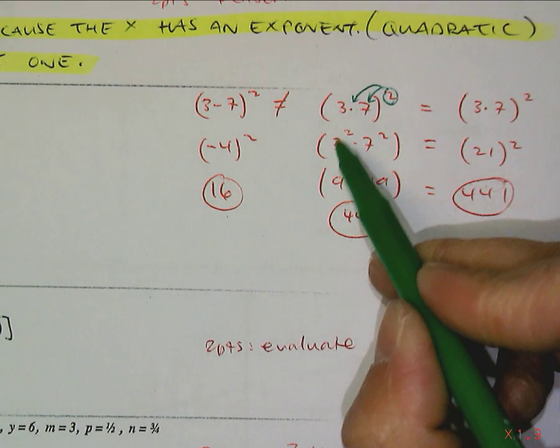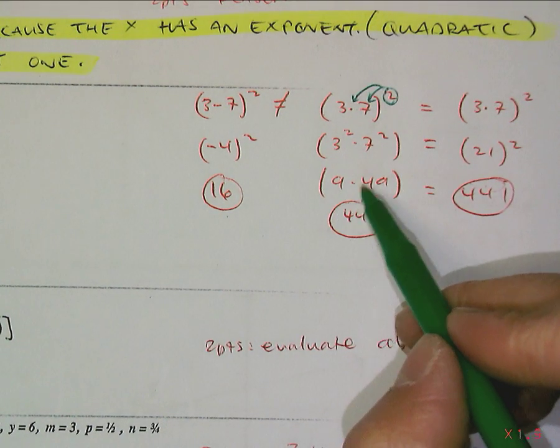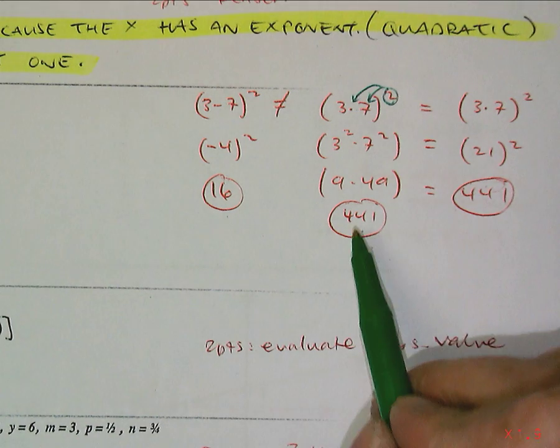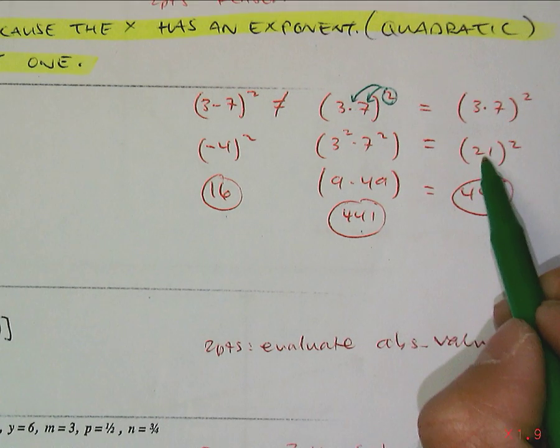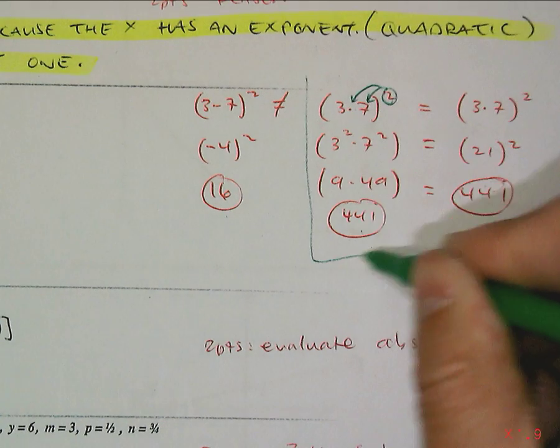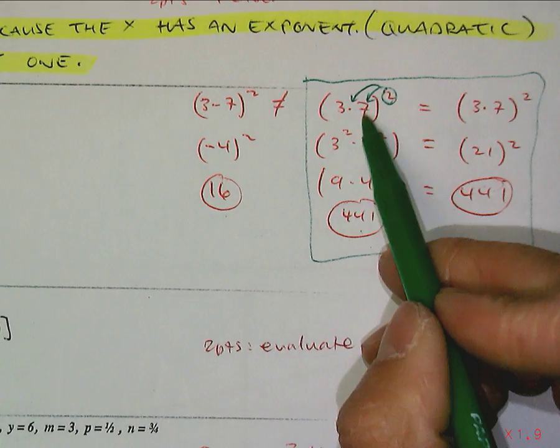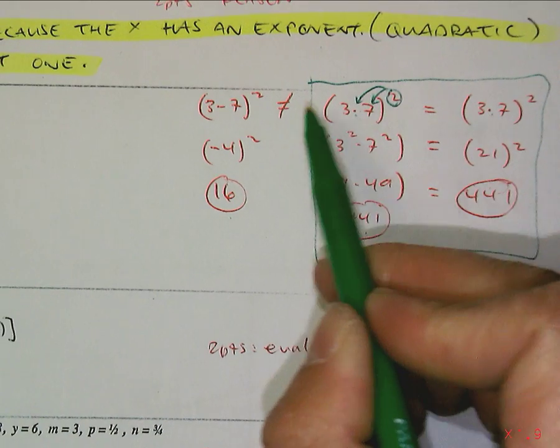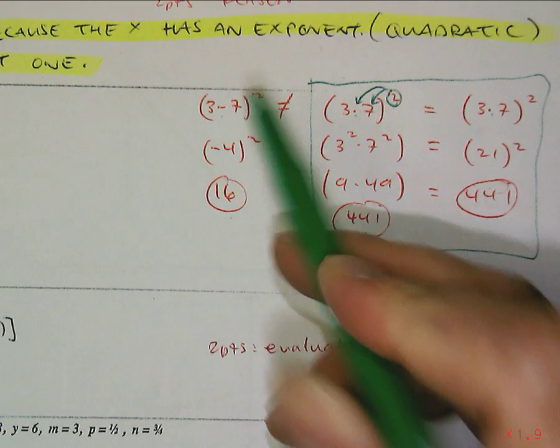This will give you 3 squared times 7 squared. 9 times 49 gives you 441. Or you can just do 3 times 7, which is 21, and 21 squared gives you 441. Again, this part here only applies if the math operation was multiplication, and in our quiz it was subtraction.